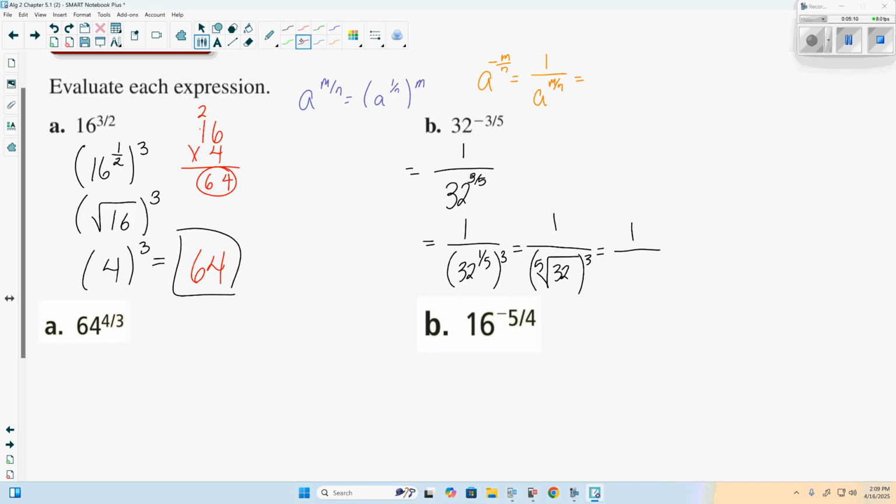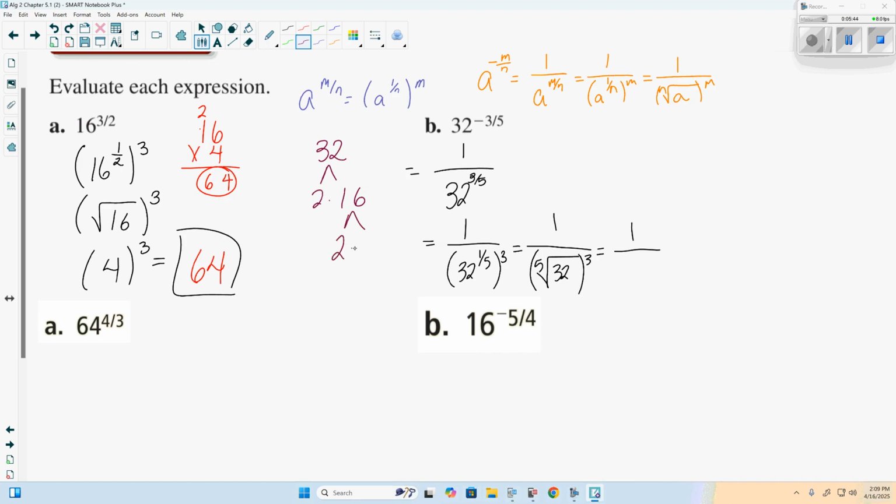Now, keeping in the same form, we need to figure out what times itself 5 times is 32. It is 2. Now we can factor tree this. With factor trees, we want to rewrite it as primes. The smallest prime factor of 32 is 2, and that's 2 times 16.